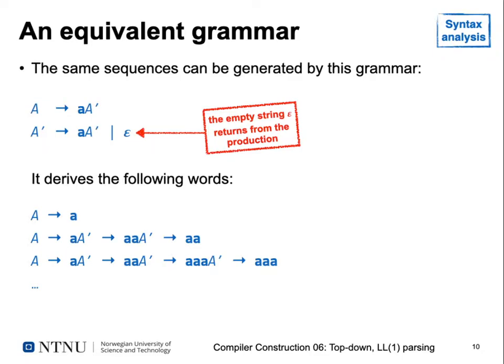But this is problematic for our parser, because then it would somehow have to parse until the very end, until it read to the end of the text, until it can actually figure out which of the rules to take. Now the same sequence can be generated by this grammar here. So we have 2 rules now.